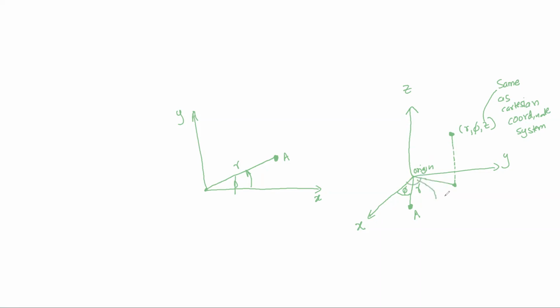We can denote that using phi b, if we take this point as b, and then the radius value we can write as rb, and the height from origin to this point we can define as z. So using those parameters, we can define this point in space.